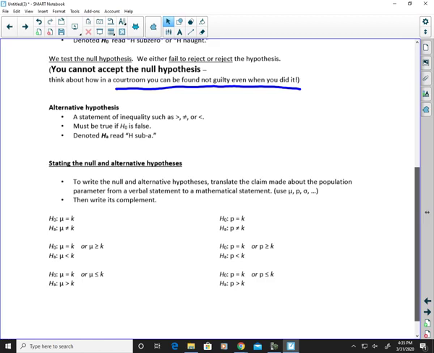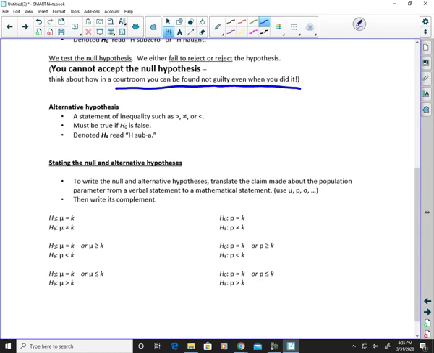Okay, the alternative hypothesis will be a statement of inequality, such as greater than, not equal to, or less than. It must be true if the null is false, and we say H sub A, that's one way to say that, or alternative hypothesis. So here are some hypotheses. This would be if you thought there was a difference.